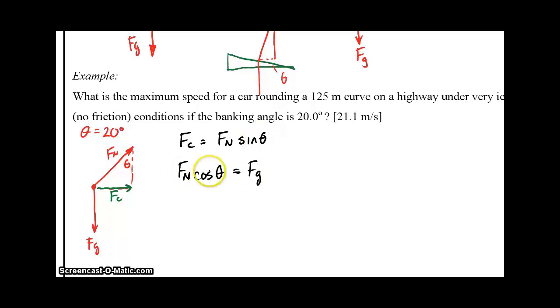So that's this idea here, that this component, maybe we could even call it Fny, has to be equal and opposite to Fg. Otherwise, the car would either be floating upwards or sinking downwards, and we know that's not true. It's balanced vertically. So Fny equals Fg.